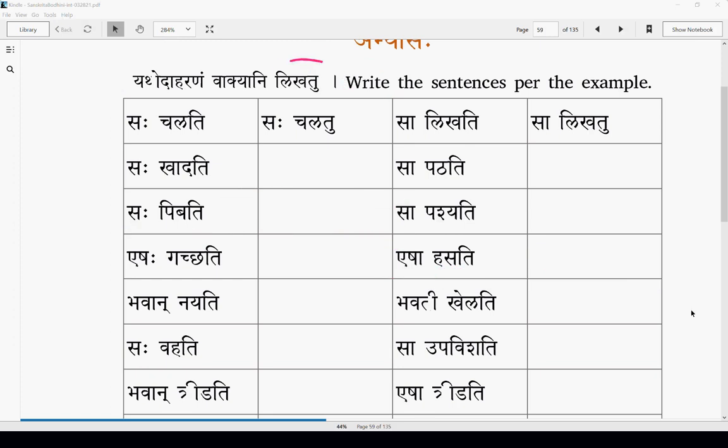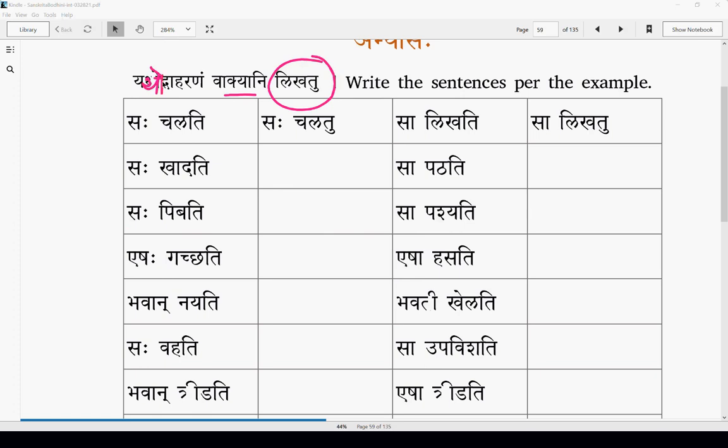Likhatu. Vakyani likhatu. So likhatu, what to write? Vakyani, sentences. Write the sentences. So this one is Yatha Udaharanam. Yatha Udaharanam means as per the example.